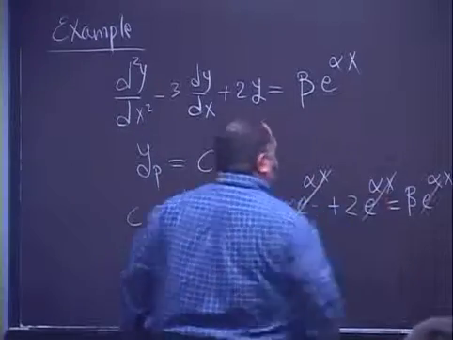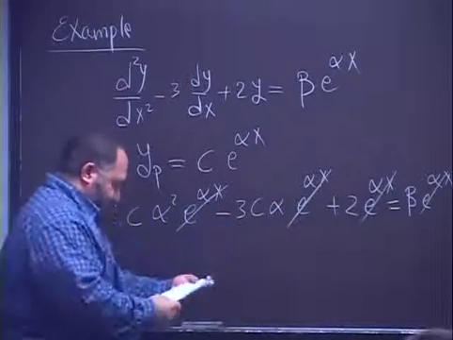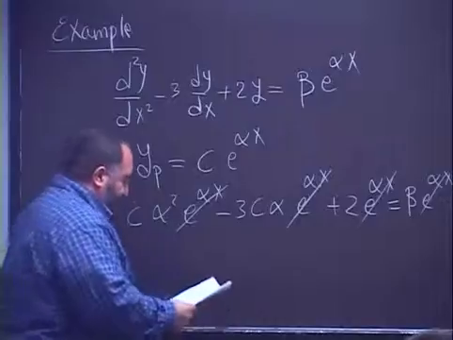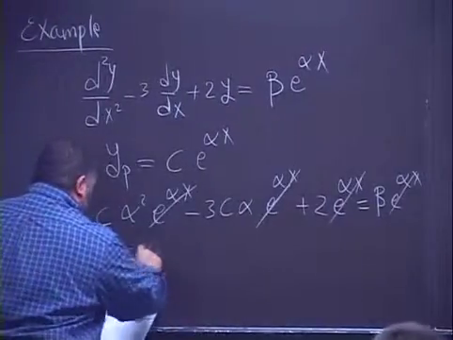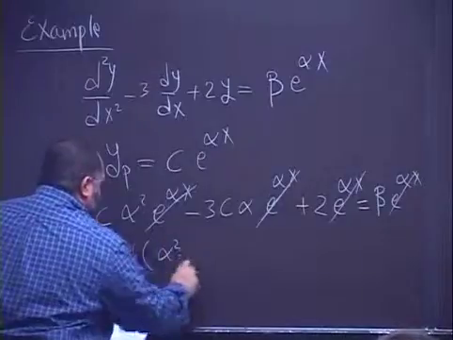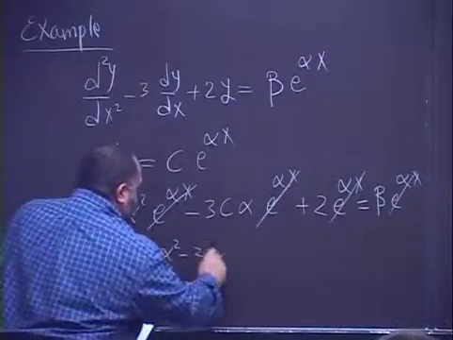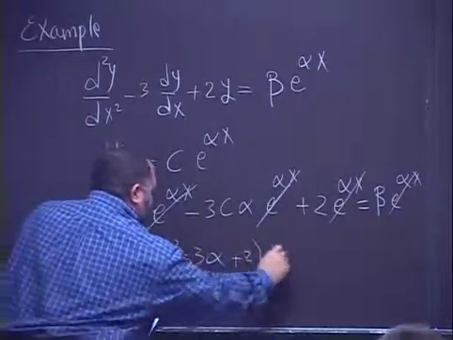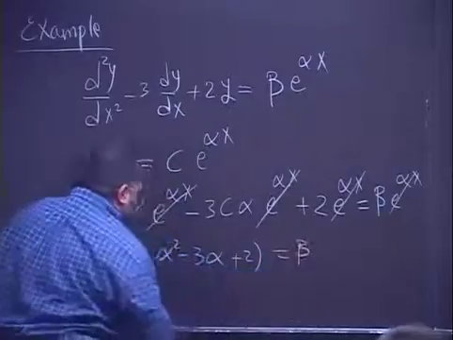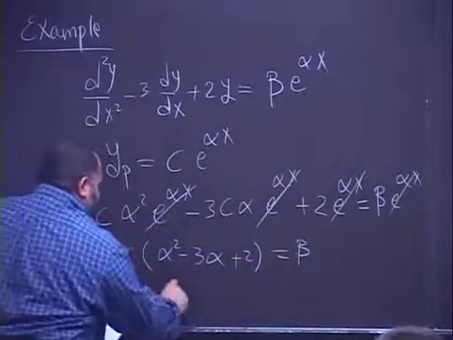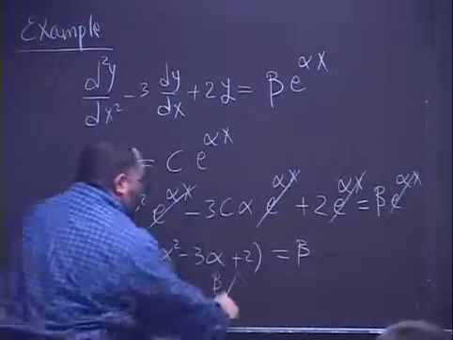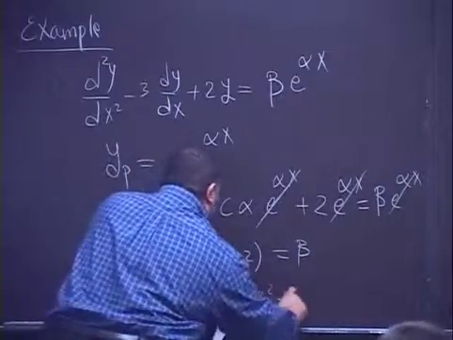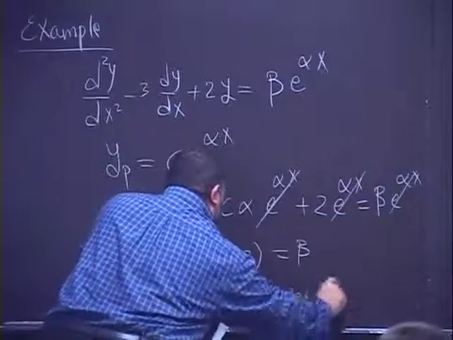Then e to the power of alpha x can be canceled from the equation, and we will have c multiplied by alpha squared minus 3 alpha plus 2 equal to beta, and our goal is to calculate c. So c will be beta over alpha squared minus 3 alpha plus 2.